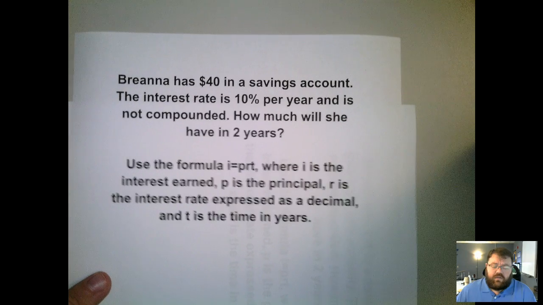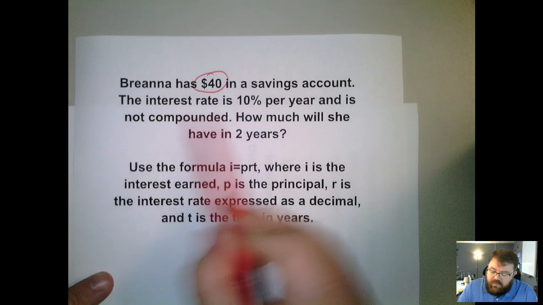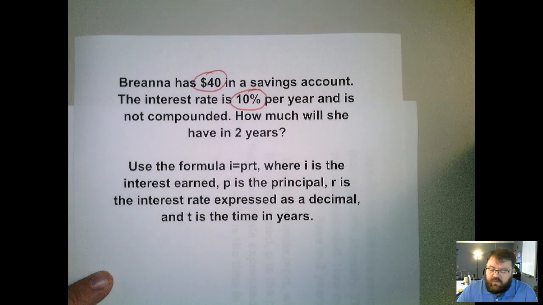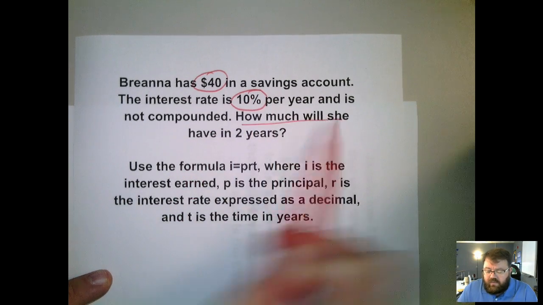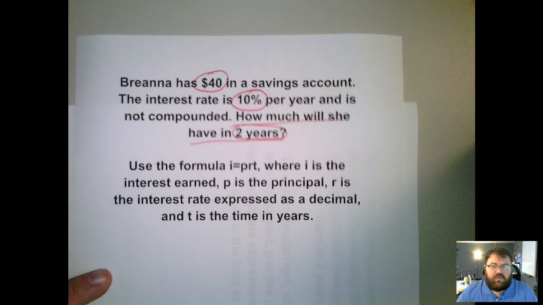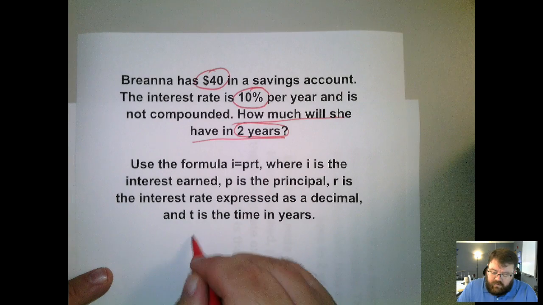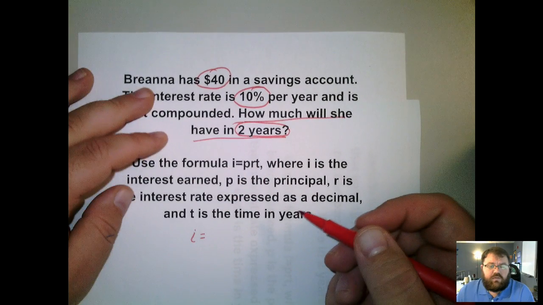Brianna has $40 in a savings account. Interest rate is 10% per year and is not compounded. How much will she have in 2 years? Interest is equal to, pause the video, tell me what the principal is.